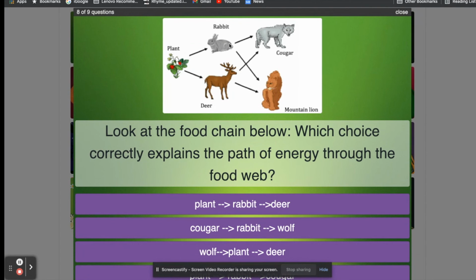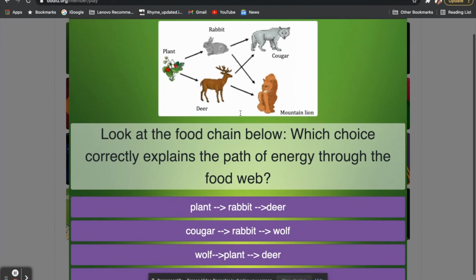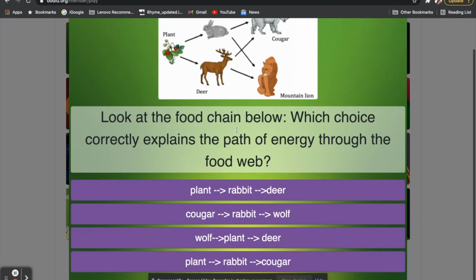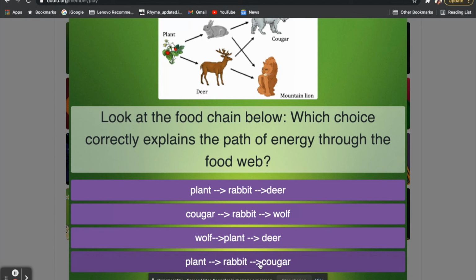So it can't be that one. Choice number 3 says wolf, plant, deer. We didn't see any wolves on our food chain, so it can't be choice 3. Or is it choice 4? Plant, rabbit, cougar. Share your answer on Edpuzzle now.